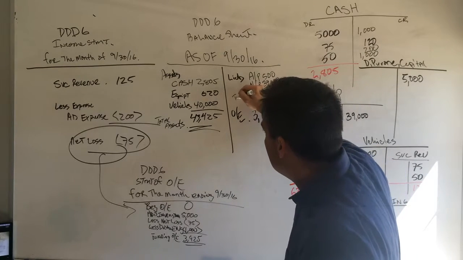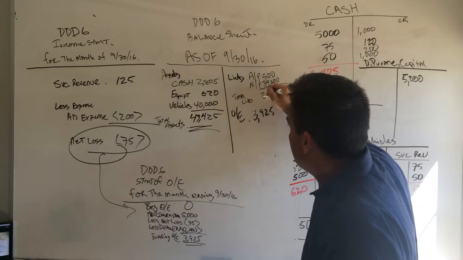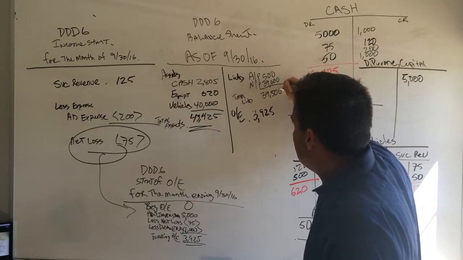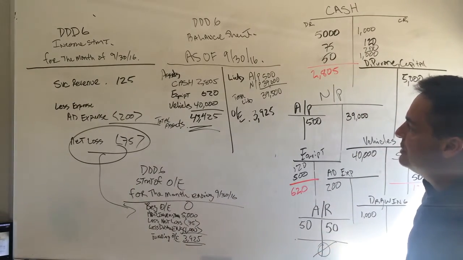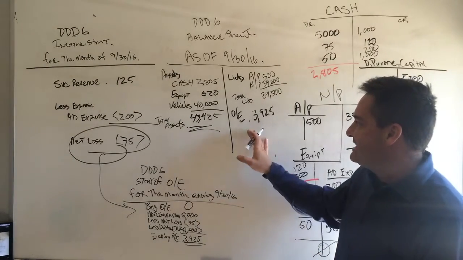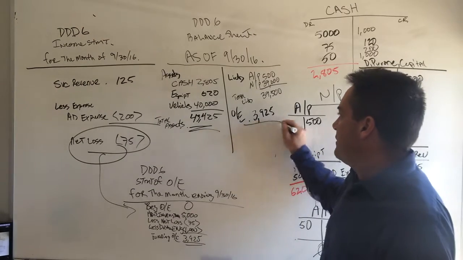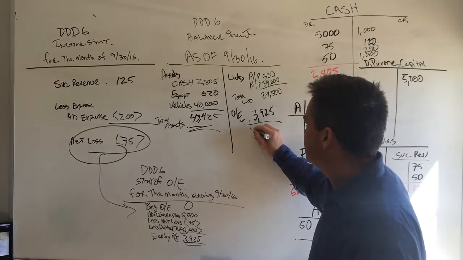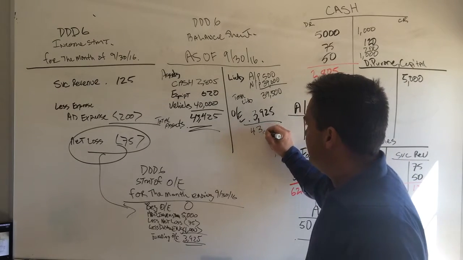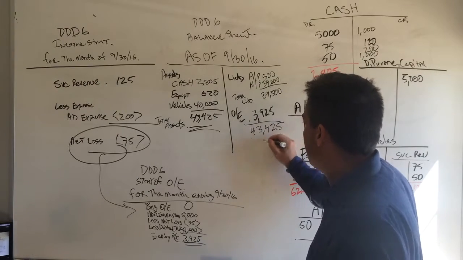So our total liabilities are what, $39,500. So if you have $39,500 total liabilities, and you add to that the owner's equity of $3,925, you get $43,425.